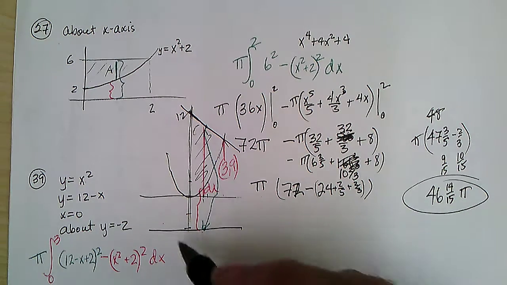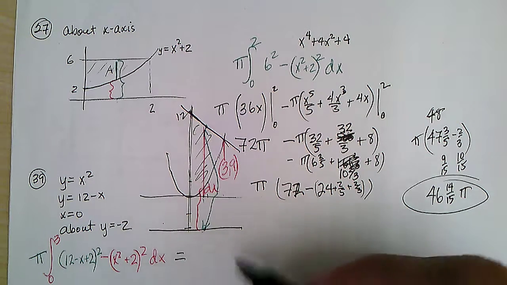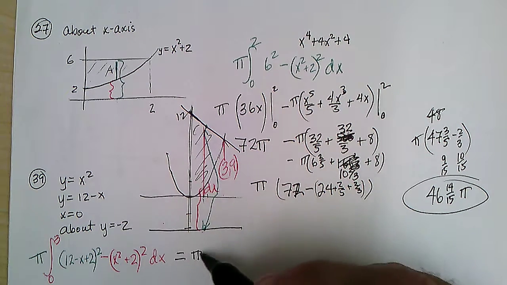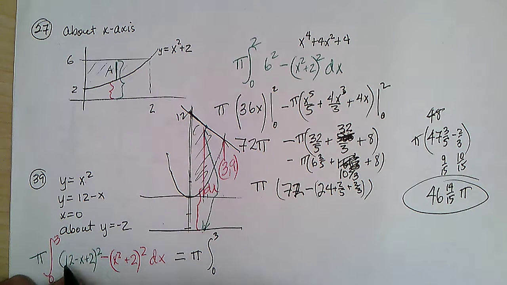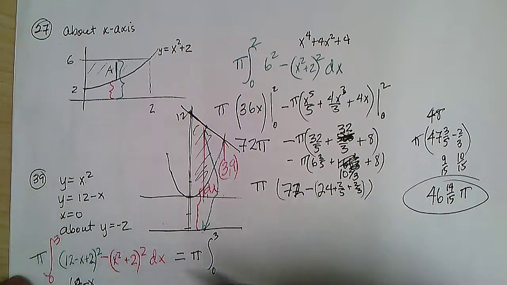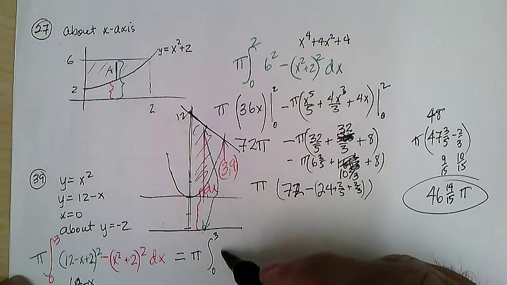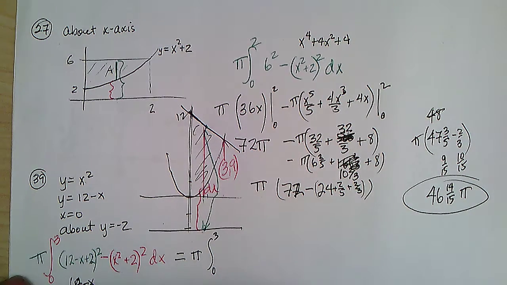So now it's just algebra and integration. Pi, 0 to 3, 12 plus 2 is 14 minus x, squared. Actually I can integrate that without expanding it, because the derivative of that's only going to produce a minus.